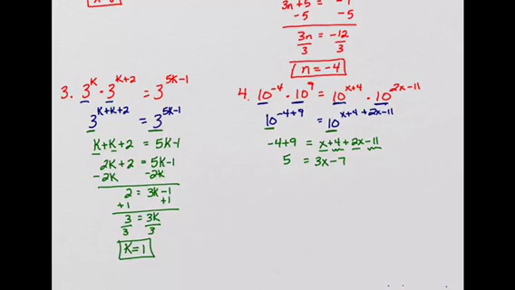So then to get the x by itself, I'm going to add 7 to both sides. And 5 plus 7 is 12 equals 3x. And then we'll divide both sides by 3. And we get x equals 4. And that's it.